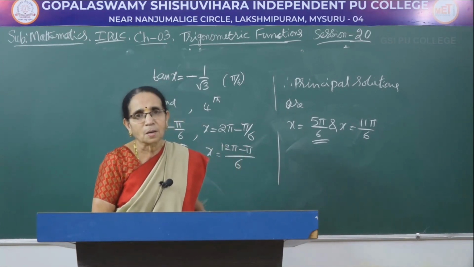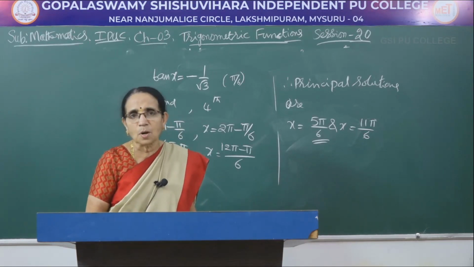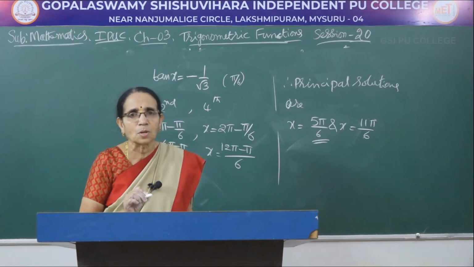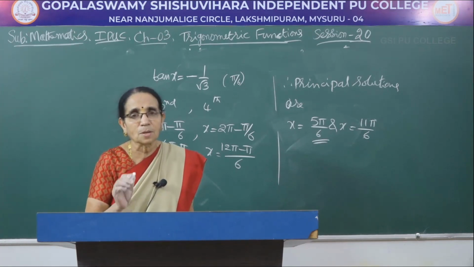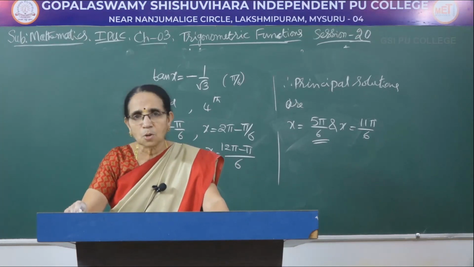Only for the angles lying in second, third, fourth quadrants, you have to be careful to express it: second means pi minus something only, third means pi plus something, fourth means 2 pi minus something. This is how you have to express the angle using only pi as well as 2 pi.